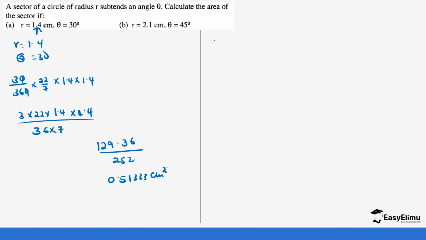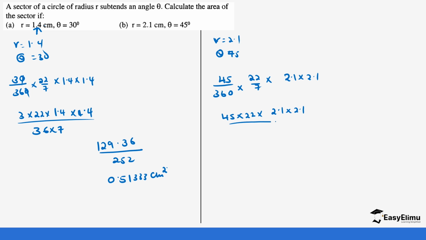So this is for the radius is 2.1, the angle is 45. So it's going to be 45 over 360 times 22 over 7 times 2.1 times 2.1, which is going to be 45 times 22 times 2.1 times 2.1, everything over 360 times 7.